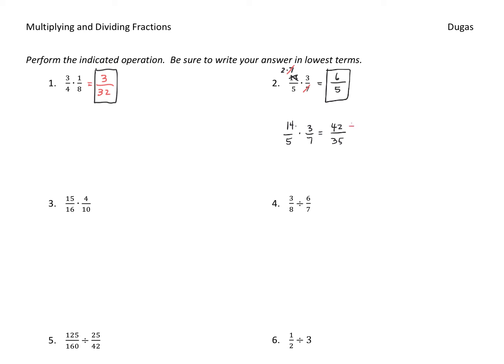So hopefully you would eventually see that you could divide them both by 7, and then that would give you 6 over 5, so you'd get the same thing in the end. But I really think it's easier to cross-reduce, and so that's how I will generally show you multiplying fractions. It's also helpful when you get to rational expressions to be able to simplify in that way.